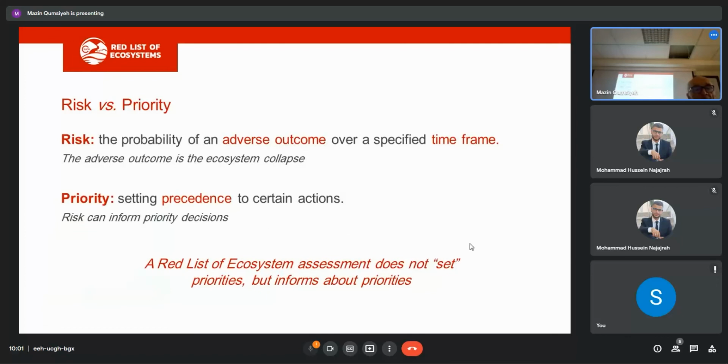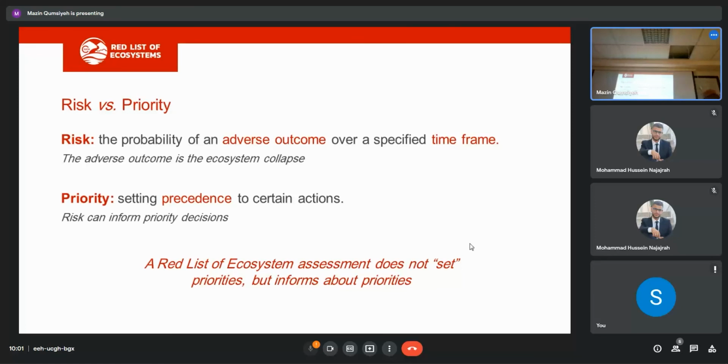So there is a question of risk, and after that you can define priority. So it's about the same as for species. Even if there is a risk that an ecosystem collapses, it's not always a priority to conserve it. Okay? So always try to understand the difference between risk and priority setting.